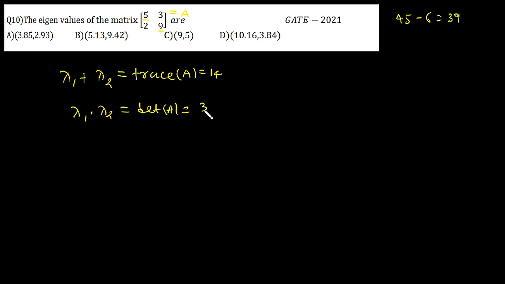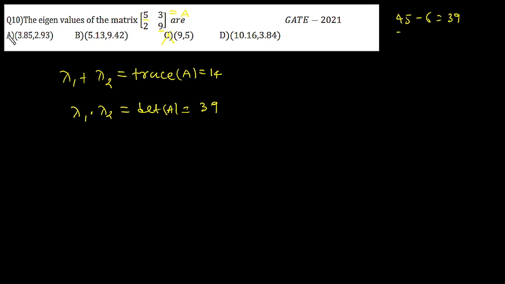So the product should be 39, but 39 is not a product of whole numbers like that in option C, which has 9 and 5. You can multiply these two and you get 45. So option C is not the correct set of eigenvalues for this matrix.